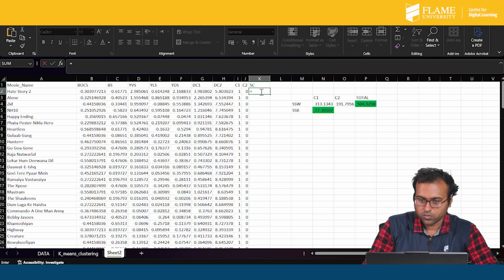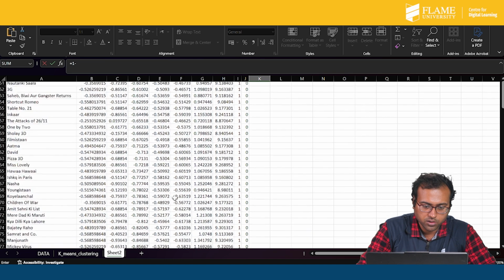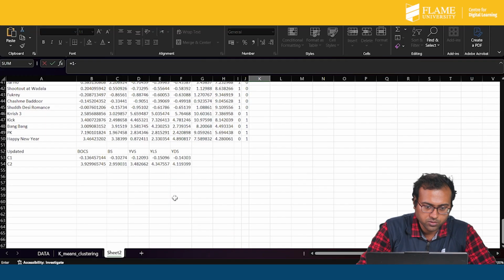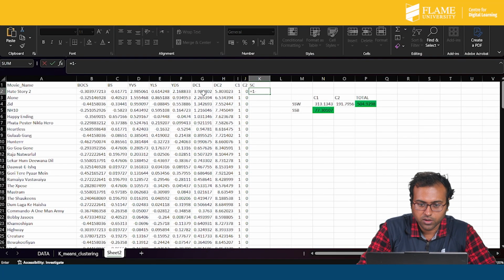So equal to 1 minus, so let's say this is my 1 point, so the centroid of this point is already known to me, so how much nearer to this point, so let us just calculate. So this distance will tell you about that.